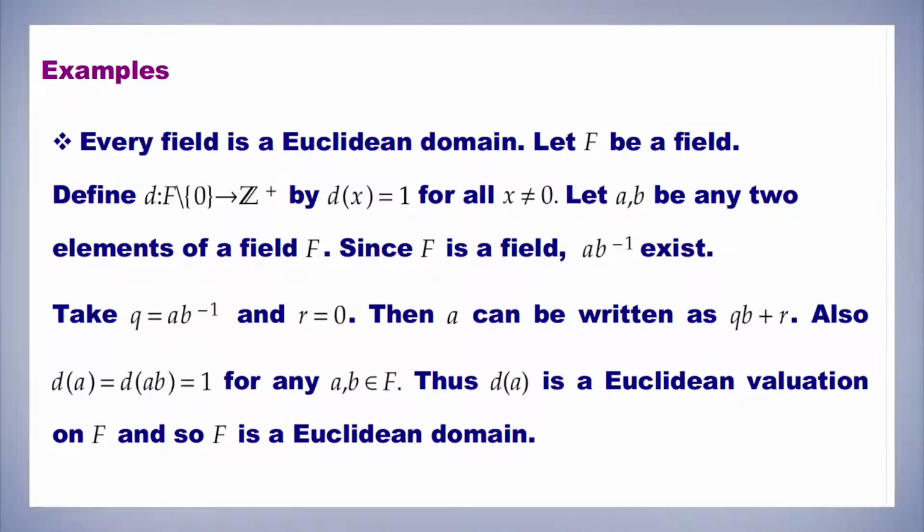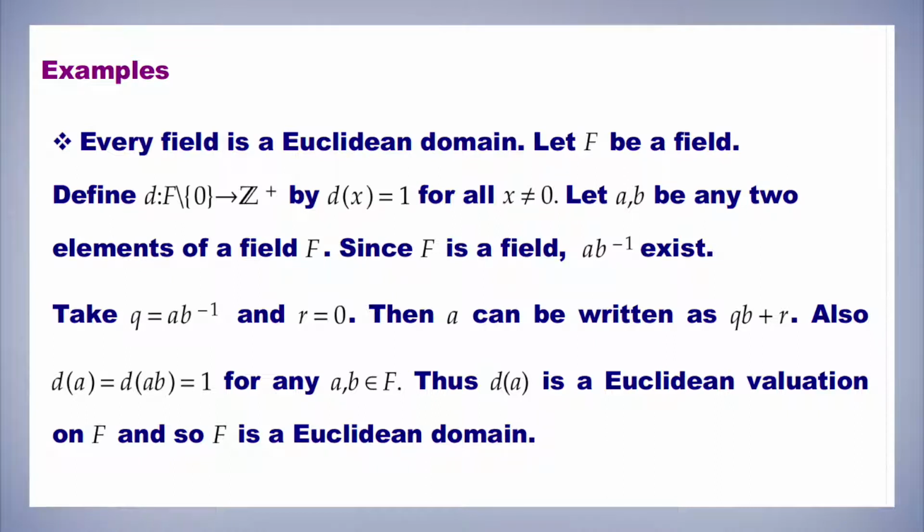Every field is a Euclidean domain. Let F be a field. Define d: F∖{0} → Z⁺ by d(x) = 1 for all x not equal to 0. Let a, b be any two elements of F with b not equal to 0. Since F is a field, ab⁻¹ exists. Take q = ab⁻¹ and r = 0.